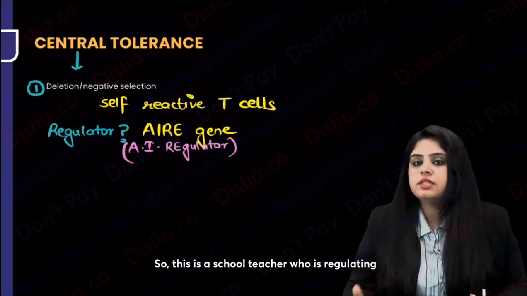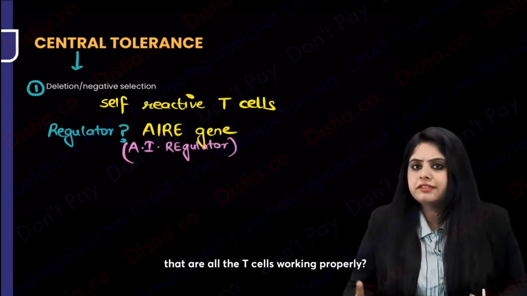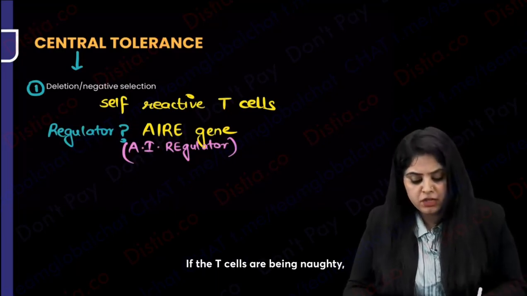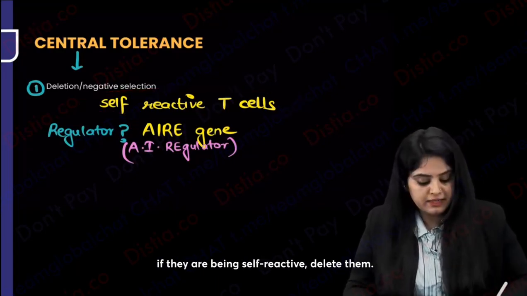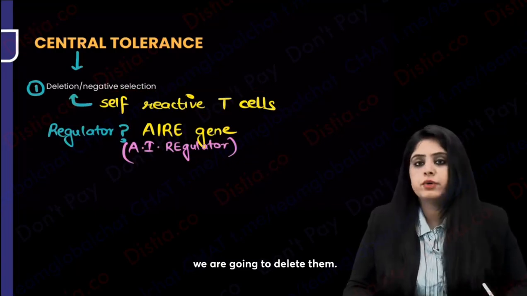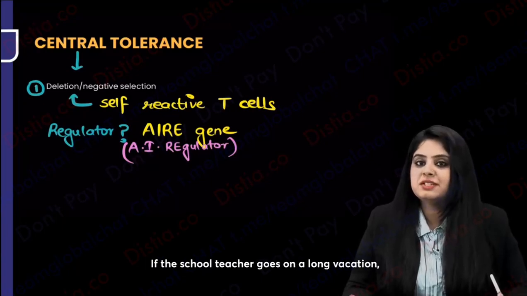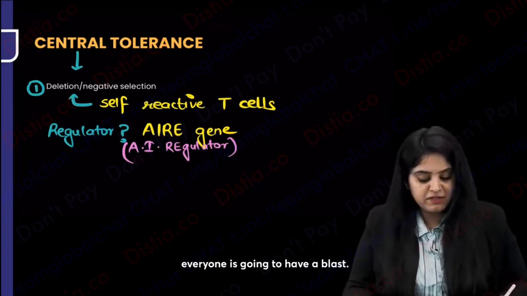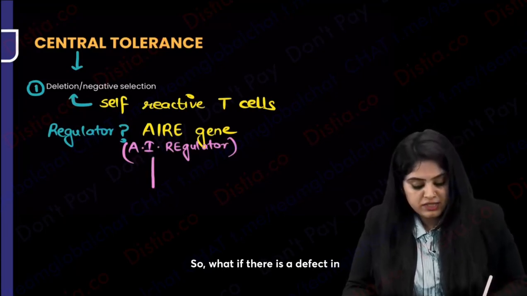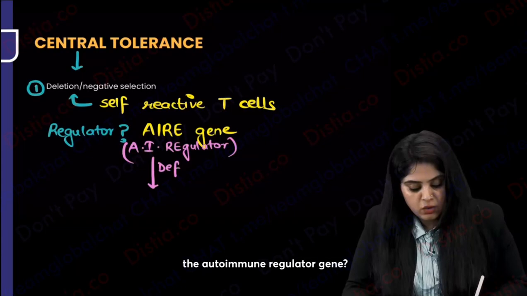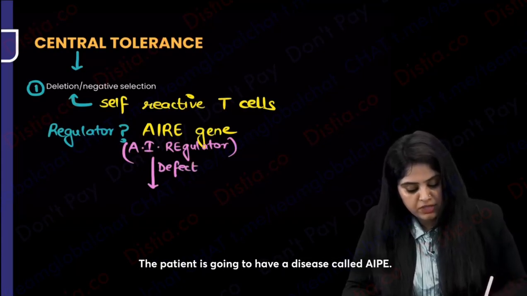So this is a school teacher who's regulating that. Are all the T cells working properly? If the T cells are being naughty, if they are being self-reactive, we are going to delete them. What if the school teacher is on leave? If the school teacher goes on a long vacation, everyone is going to have a blast. So what if there is a defect in the autoimmune regulator gene? The patient is going to have a disease called APECED.